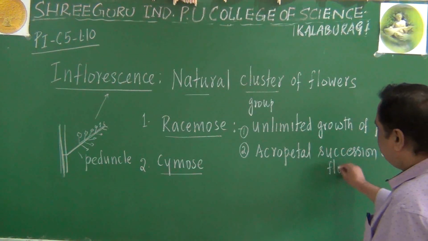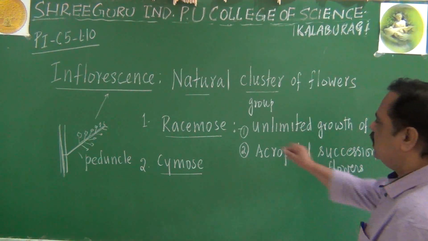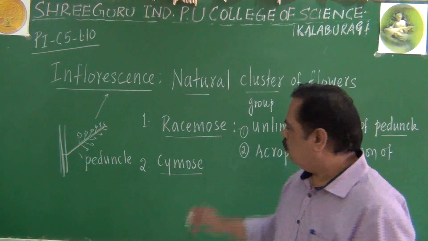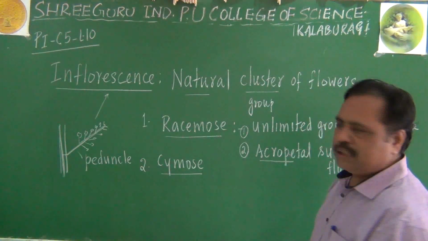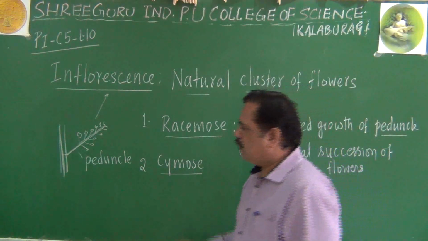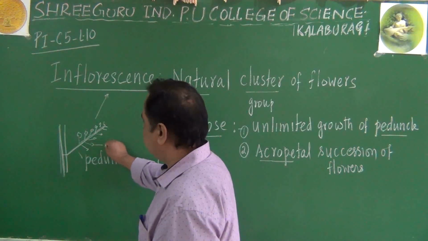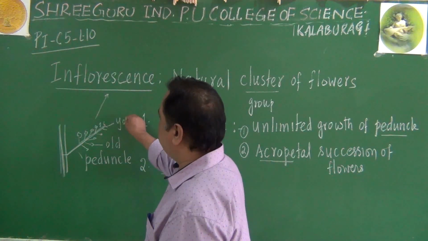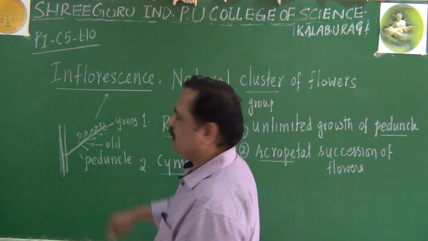So acropetal succession of flowers can be found in the case of racemose inflorescence. What is acropetal succession? In acropetal succession, older flowers will be at the base, and younger flowers will be at the tip.